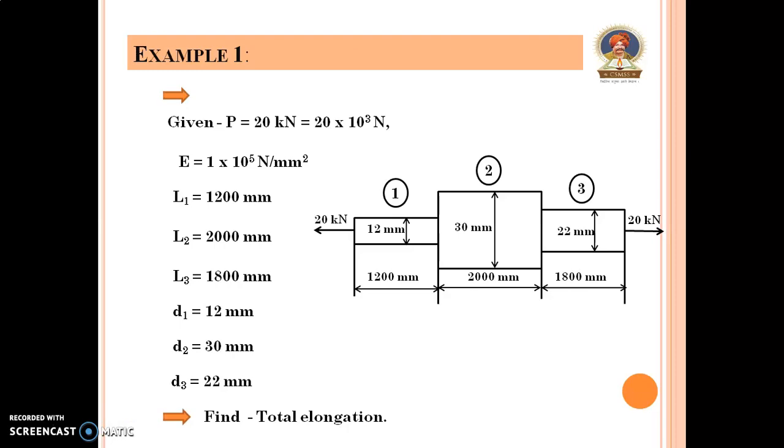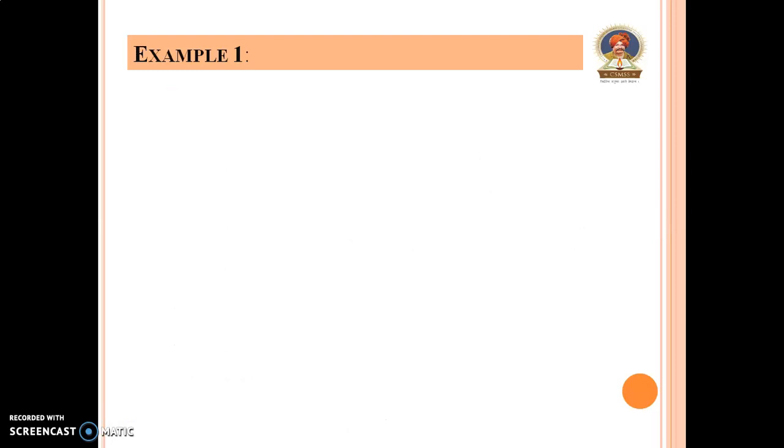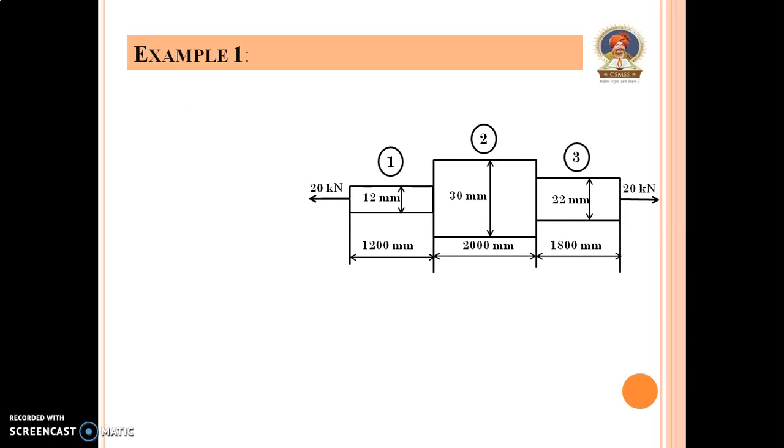Find total elongation of bar. So here once again we have drawn the diagram. We know that delta L is equal to delta L1 plus delta L2 plus delta L3.